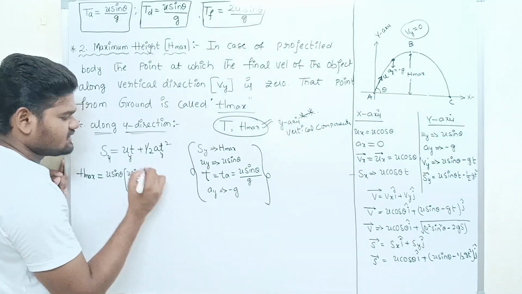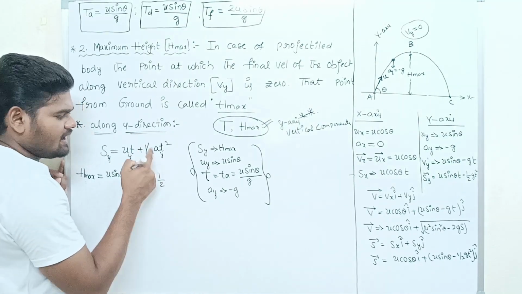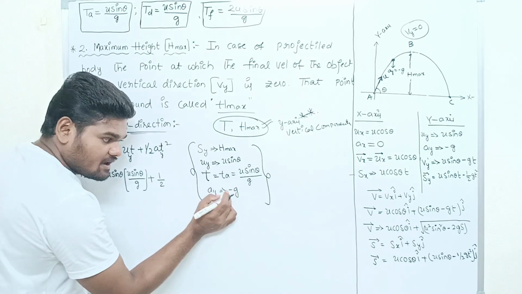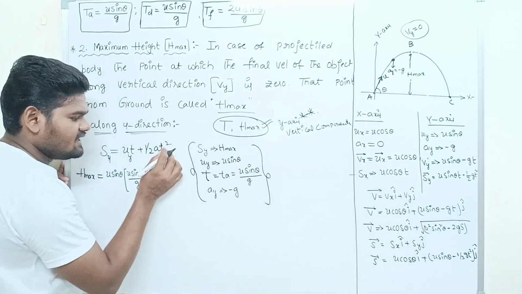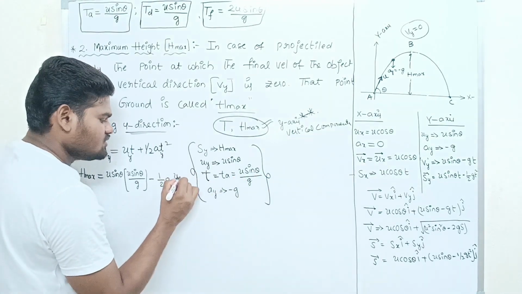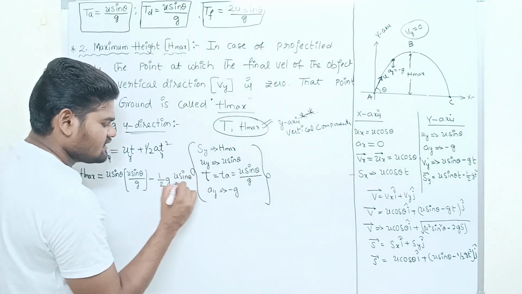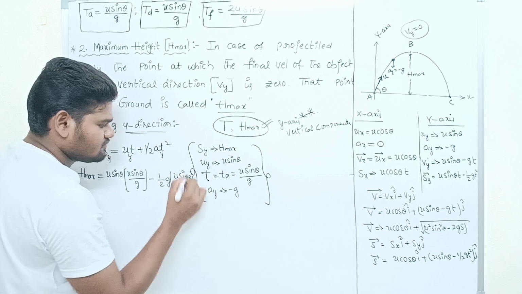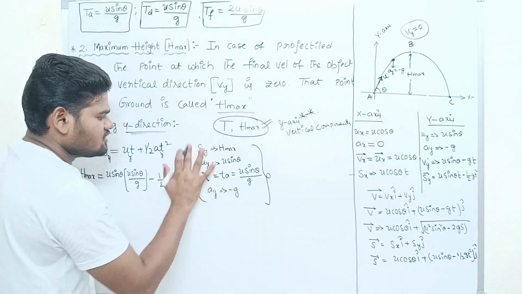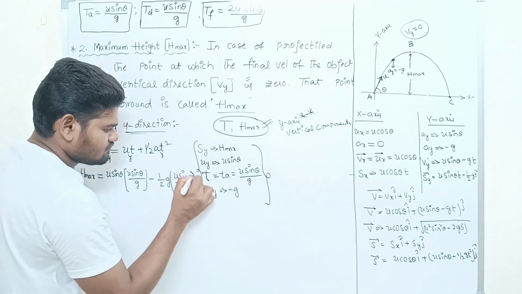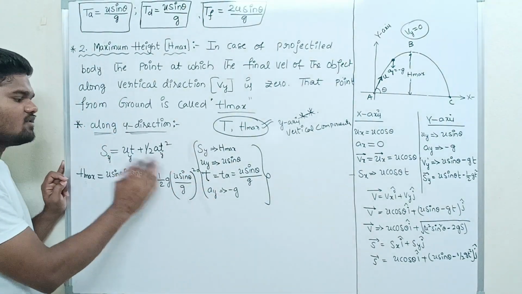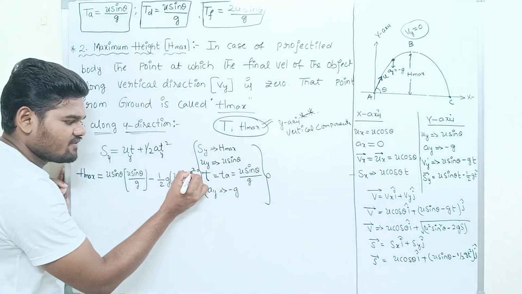Plus 1 by 2 Ay. What is Ay? Minus g. Minus into plus, minus g T square. T means u sin theta by g, whole square. I have just substituted all the values here. Square is there, have a look.